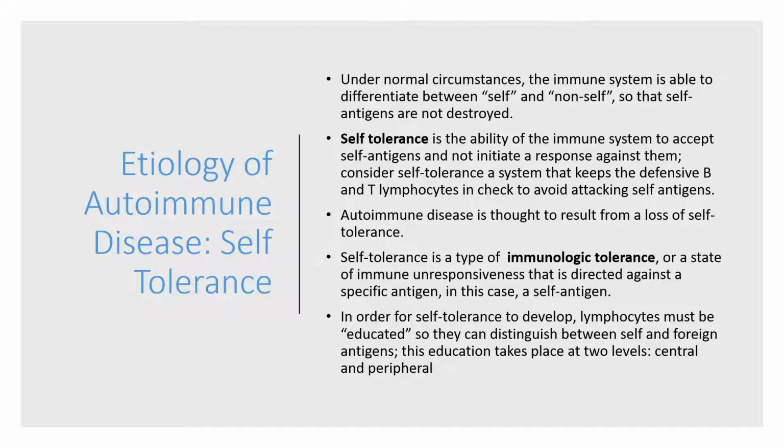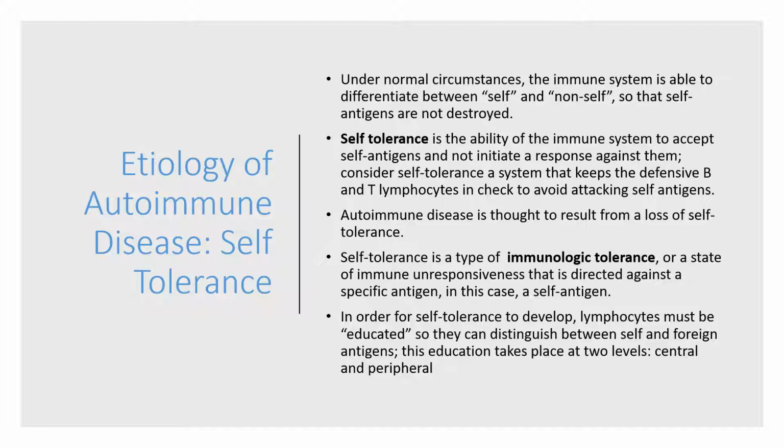Autoimmune diseases are obviously the loss of such ability, and self-tolerance is a type of immunologic tolerance. In other words, it tolerates an antigen that it finds and does not initiate the immune response.